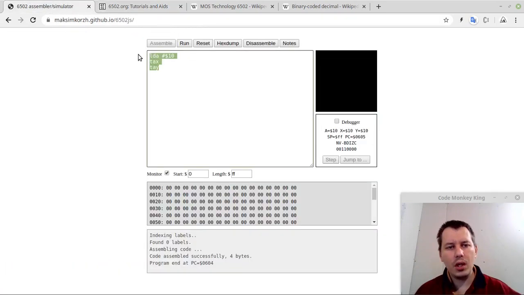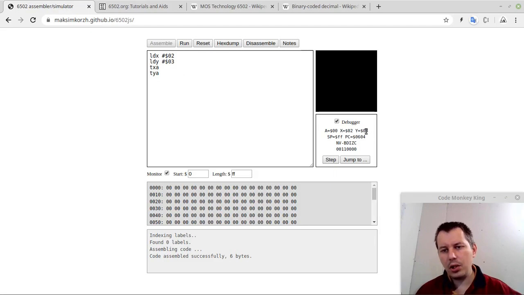So for instance, let's say LDX 2, and LDY 3, and now transfer from X to A, and then transfer from Y to A. And here we'll use a debugger. First we have 2 being initialized, so register X now has the value of 2 after this operation.